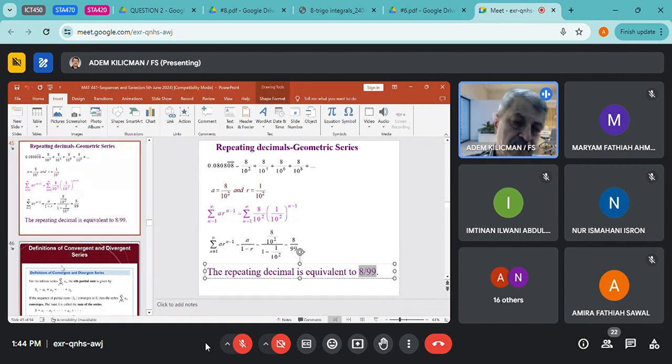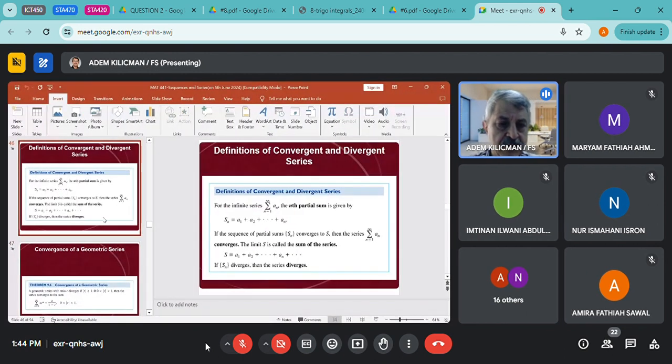Okay. So now, as a summary, when we have the infinite series, we look at the partial sum, or first n terms, adding up the first n terms. If this one is convergent, the series is convergent. If it is not, the series is divergent.